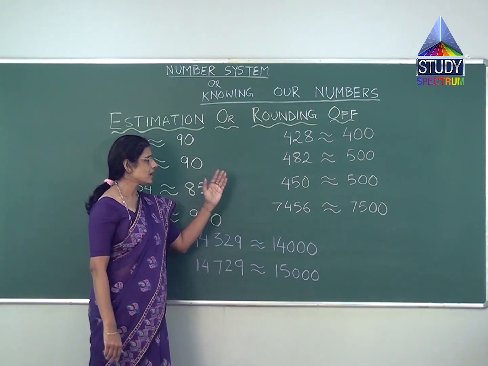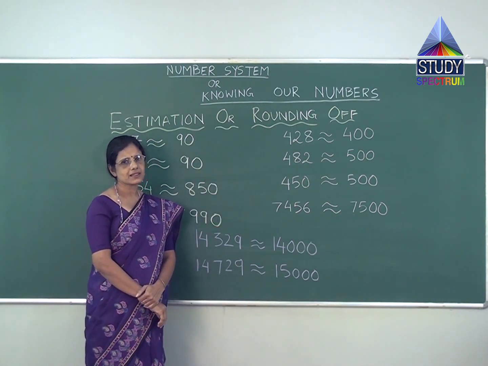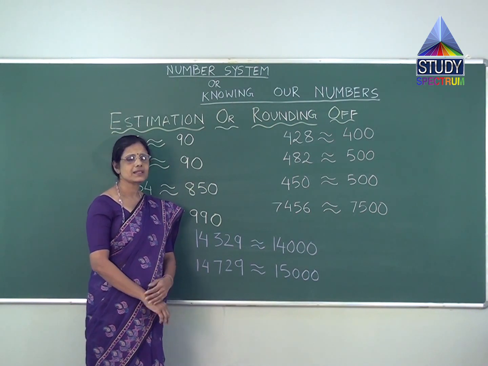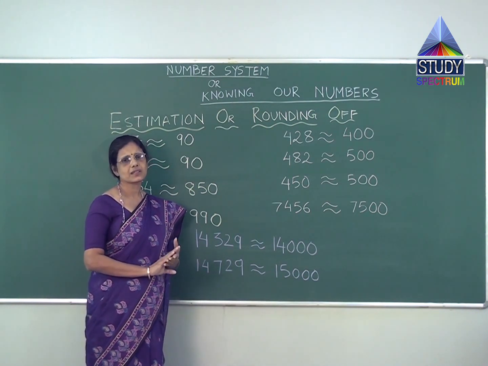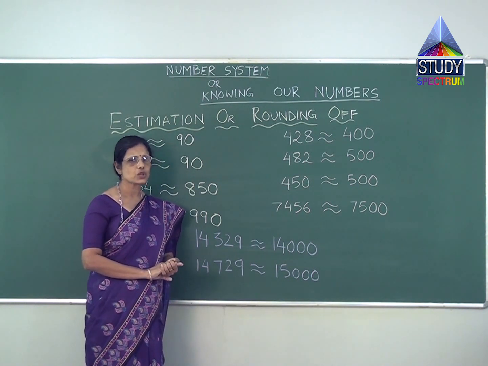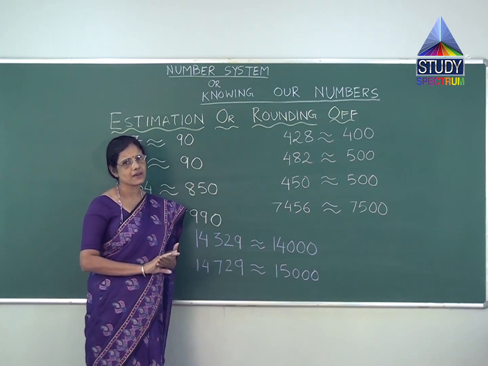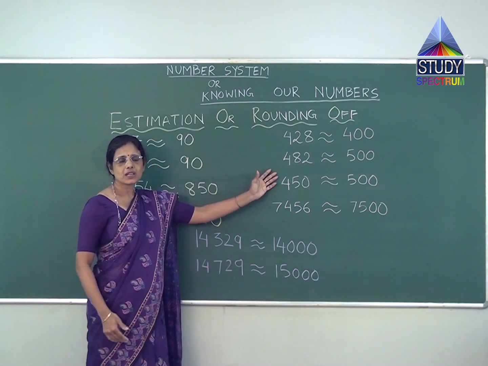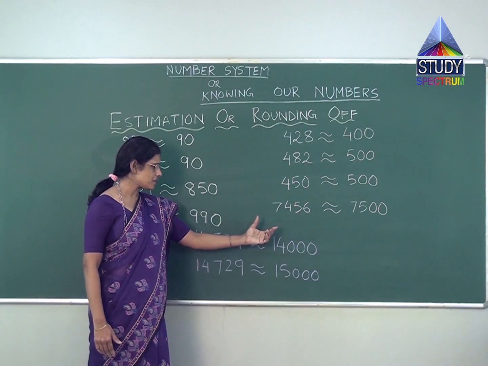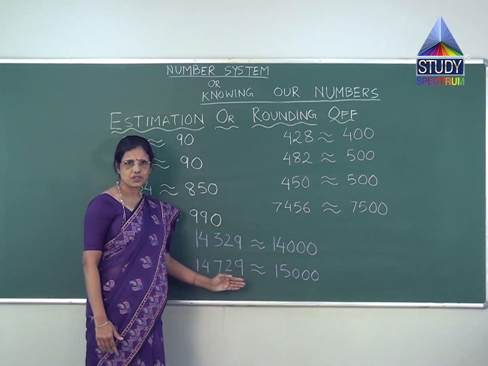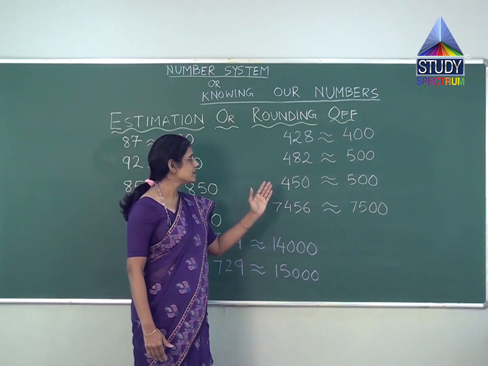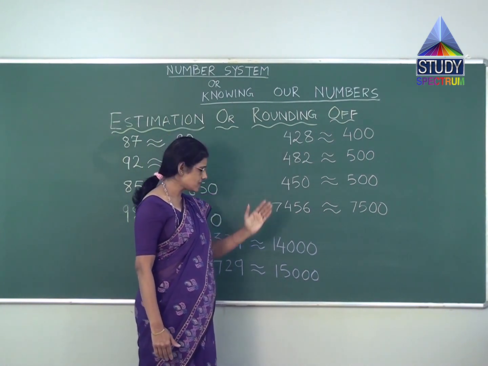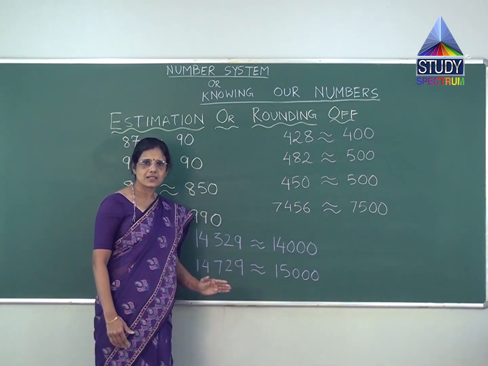Like that, you can estimate any number, whatever it is, tens, hundreds, thousands, 10,000s, lakhs. In this way you can also round decimal numbers to tens, hundreds, everything. That will come afterwards. But I am talking about whole numbers, natural numbers. So these are the estimation rules. So I think nearest tens, hundreds, thousands, 10,000s is clear now.